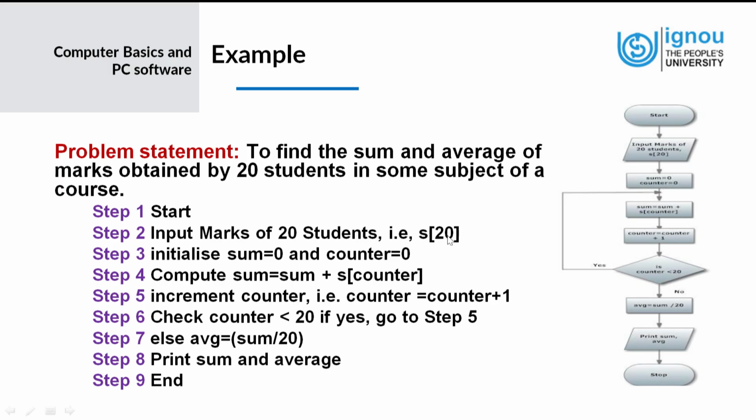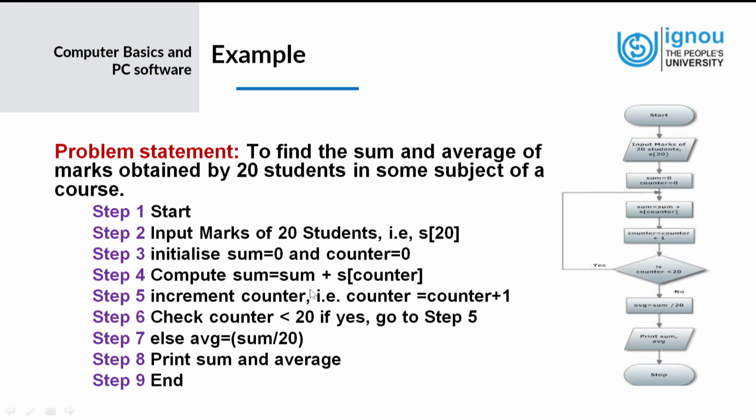Instead of storing them as 1 to 20, it will be stored as 0 till 19, which is one and the same thing. How this program is going to work: once again we are following the same convention where we check the condition over here, but it could be at this level also.